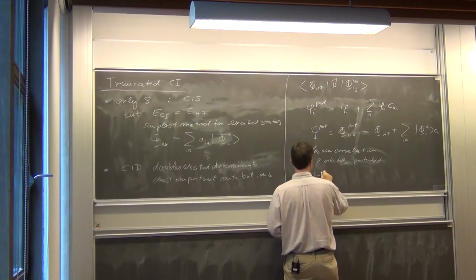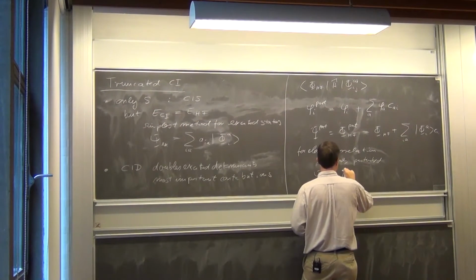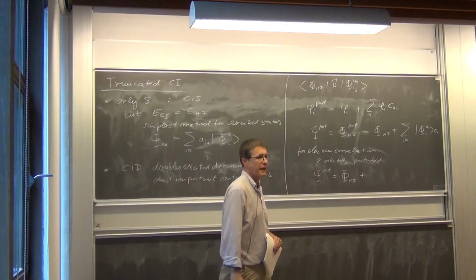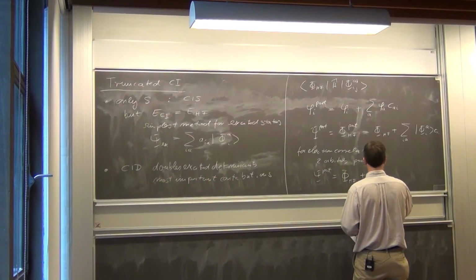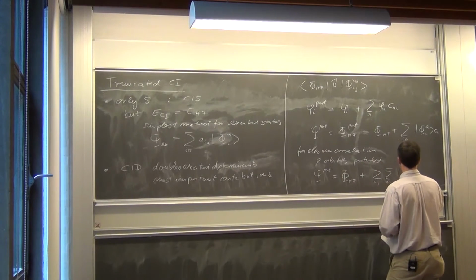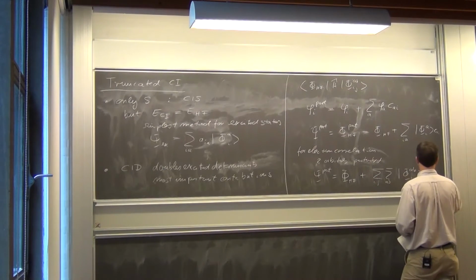And then if I want to do the same trick again, then I end up with a Hartree-Fock plus a linear combination of all doubly excited determinants, with some coefficients.